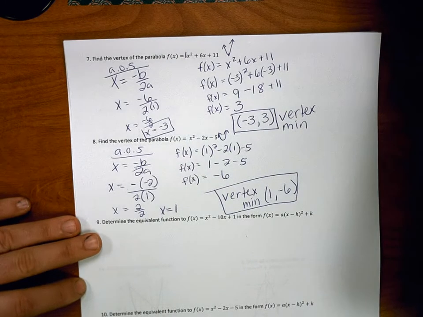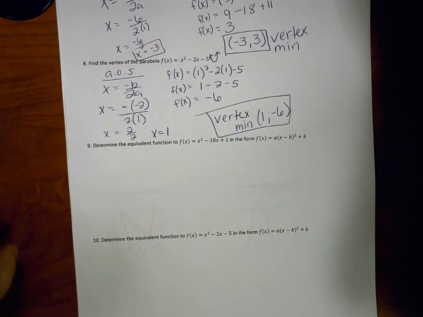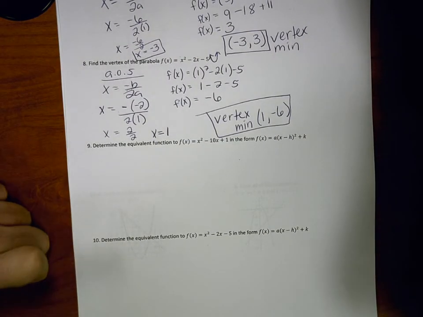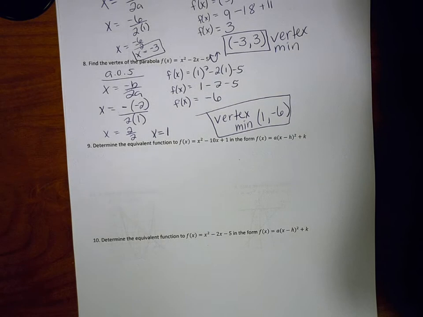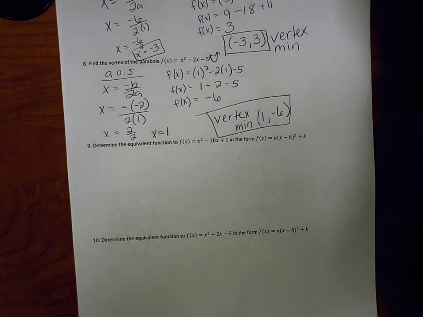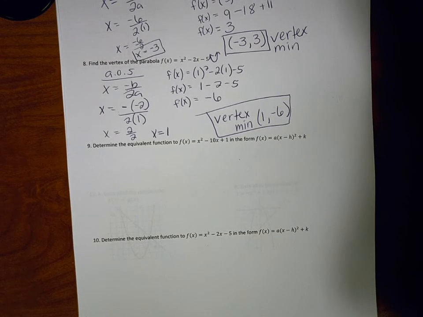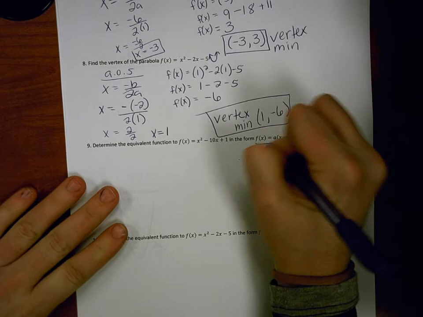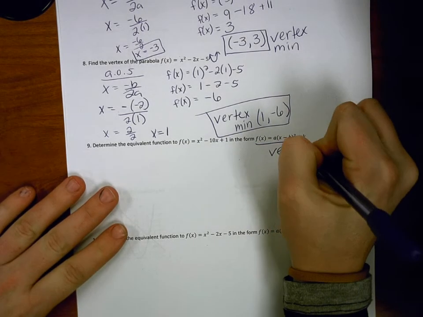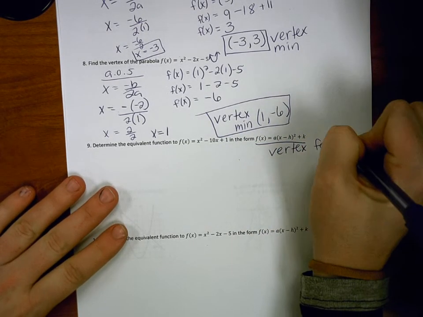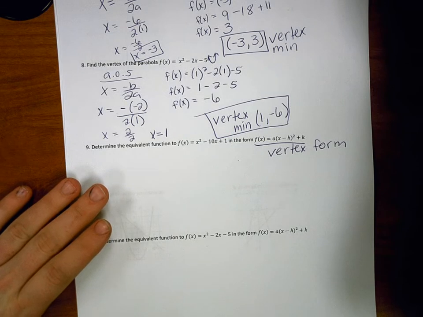Number 9, determine the equivalent function to f of x equals x squared minus 10x plus 1 in the form of f of x equals a times the quantity x minus h squared plus k. This I know is vertex form. So there's a couple ways I can solve this.